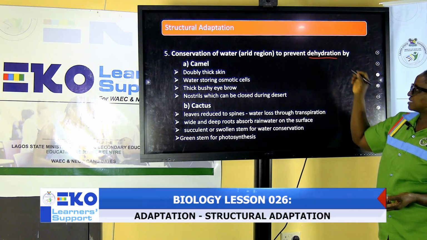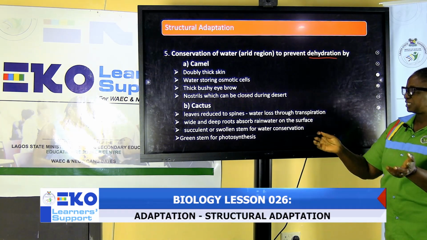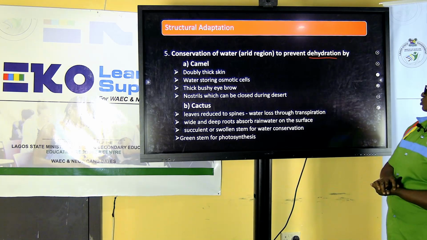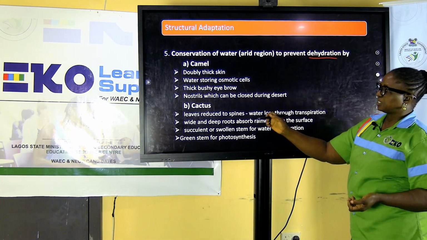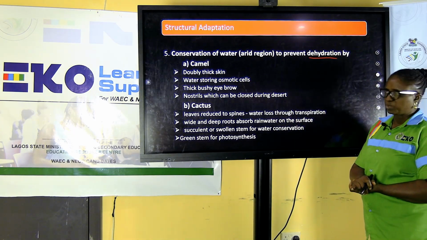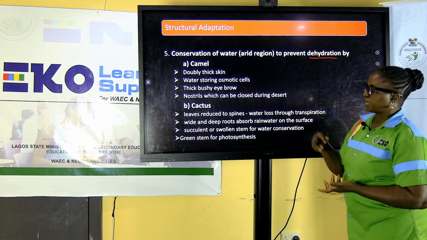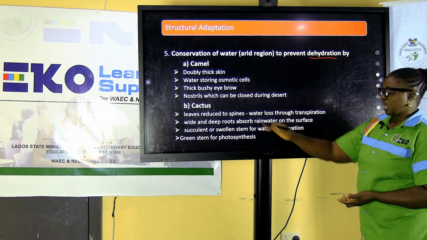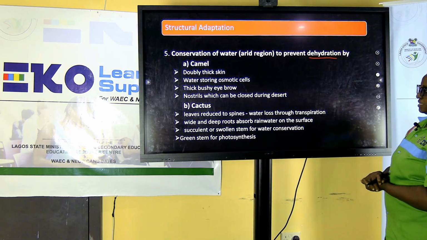To prevent dehydration, so that the water in their body is not lost entirely to the environment. Several organisms, for this purpose, we are limiting it to two. The first one is a camel, and the second organism that we are looking at is a cactus. A camel representing animals, and a cactus representing plants.